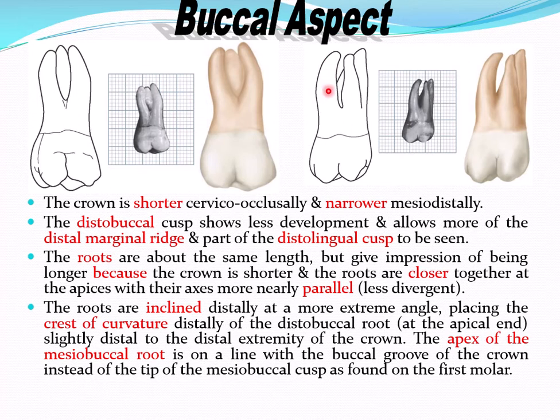When we compare, we will find that the apex of the mesiobuccal root هنا بالmaxillary second molar ننزل vertical line وراح نشوفه is in line with the buccal groove of the crown. عكس هنا كان بالmaxillary first molar, the apex of the mesiobuccal root will make a line وراح يروح للtip of the mesiobuccal cusp.